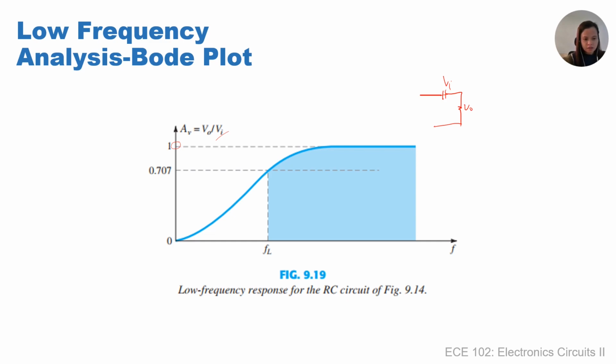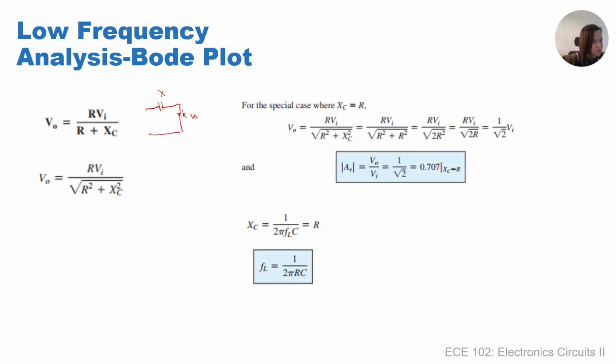For the next slide, let's say this is XC. Then V out is equal to V in times the resistor over the resistor plus the XC. Both are considered in polar form.